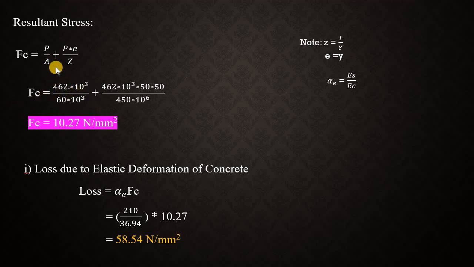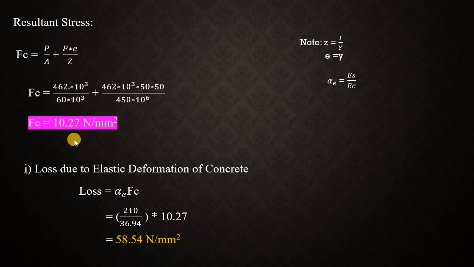So P value we know, that is pre-stressing force, 462 kilonewton. Convert that into Newton. Then area of the rectangle section, P into E, that is eccentricity, is 50. Z is nothing but I by E. So I value I have written here, and E value will go to numerator, so it is 50 here. FC is 10.27 Newton per mm square.